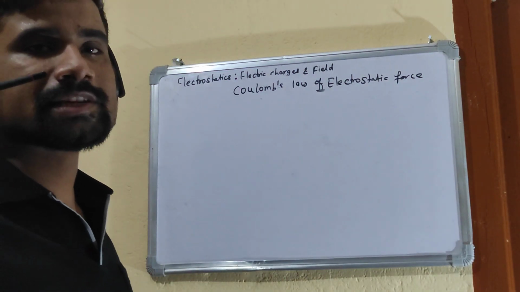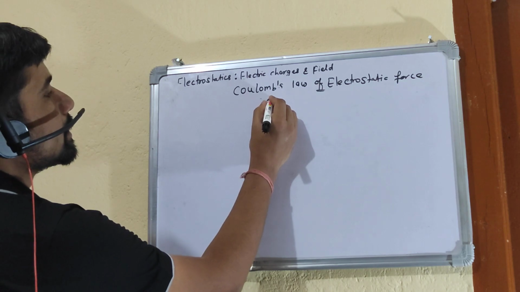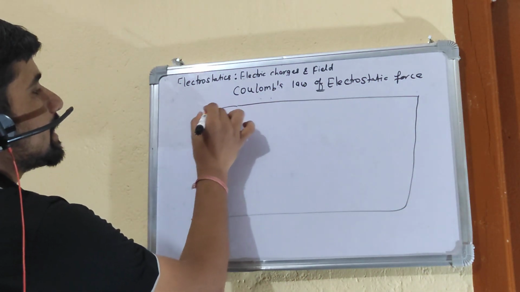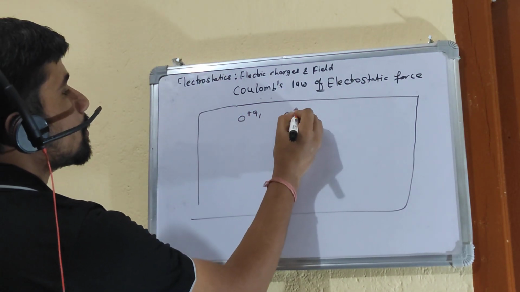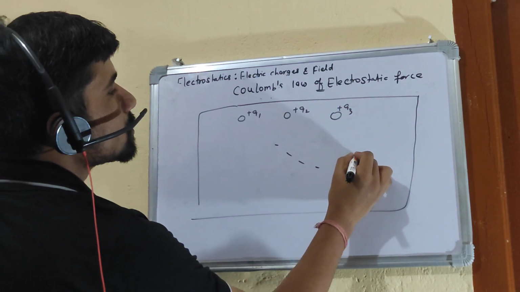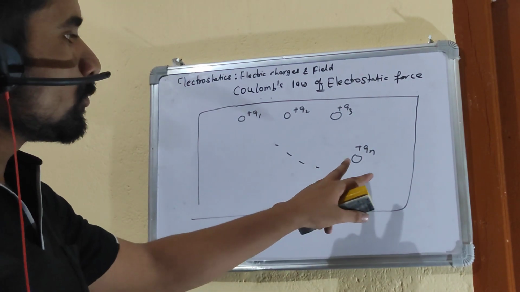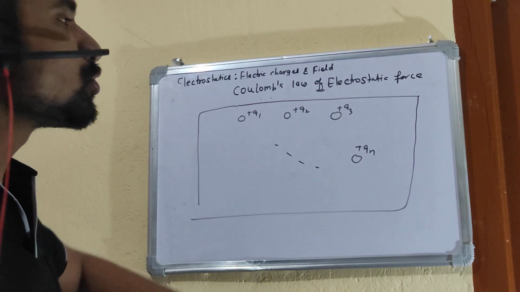So now let me generalize all this. Let's say there is a big system. It has n charges, plus Q1, plus Q2, plus Q3, up to plus Qn, right? And now I need to find the force on Qn due to all other charges.